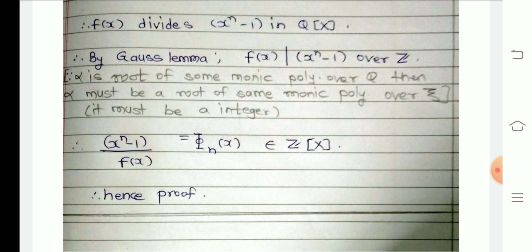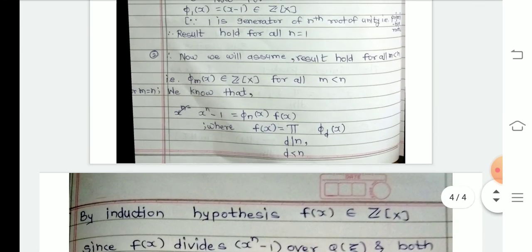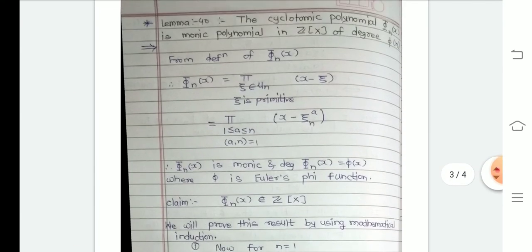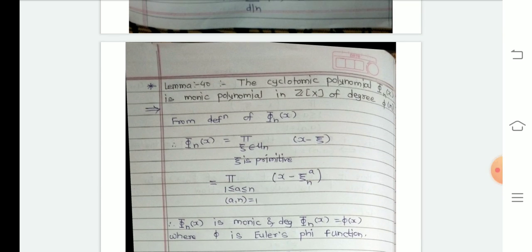Hence we have proved that Φ_n(x) is a monic polynomial and it is also in Z[x], and its degree is φ(n). Hence the proof, that is, the cyclotomic polynomial Φ_n(x) is a monic polynomial in Z[x] of degree φ(n).